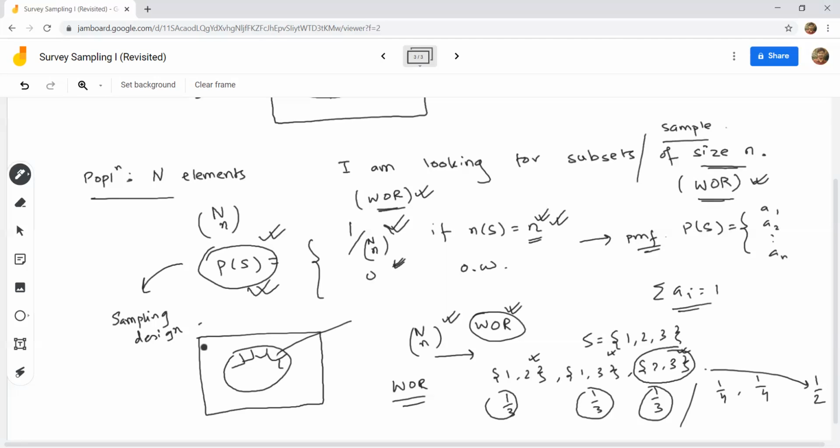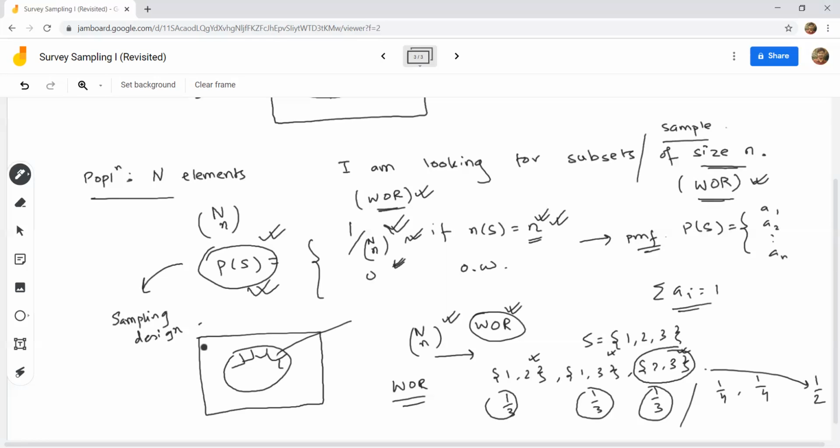So this is also another probability rule which you can assign to these samples. In that case, your P of S will be different. So there are a whole lot of sampling designs you can talk about. For WOR, we generally talk about 1 by NCn. That is, if you are talking about small n element subsets, you are talking about a probability of 1 by NCn.